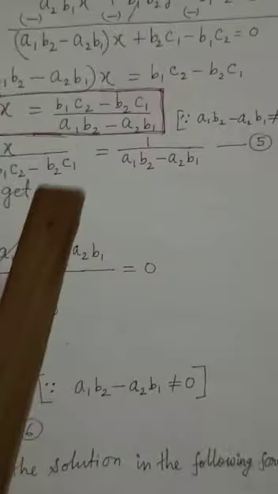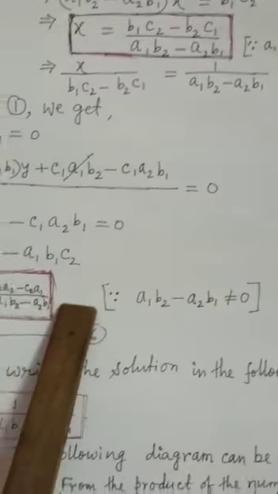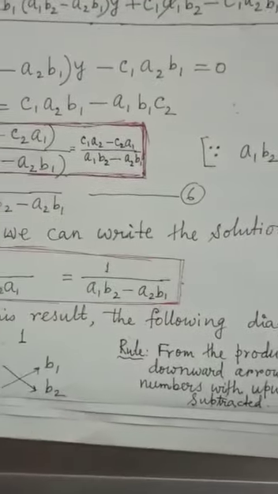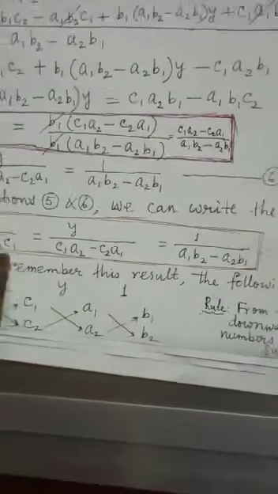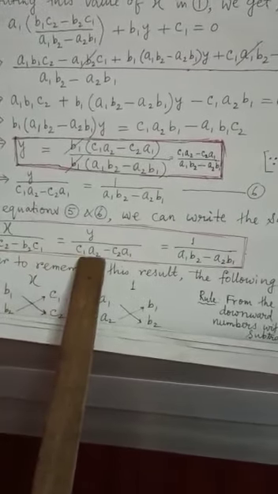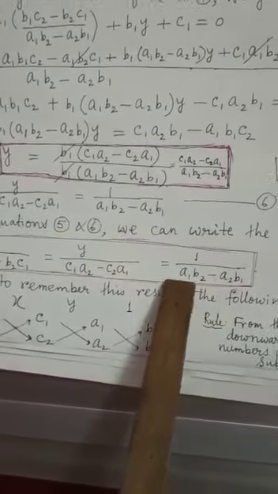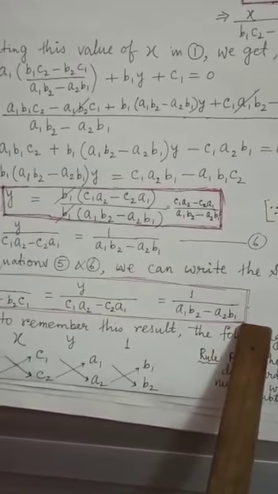So this solution is finally written in this form: x upon b1 c2 minus b2 c1 is equal to y upon c1 a2 minus c2 a1 is equal to 1 upon a1 b2 minus a2 b1.